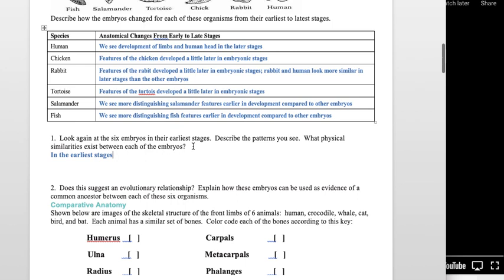In the earliest stages, the embryos are all the same shape with the tail and eye position.